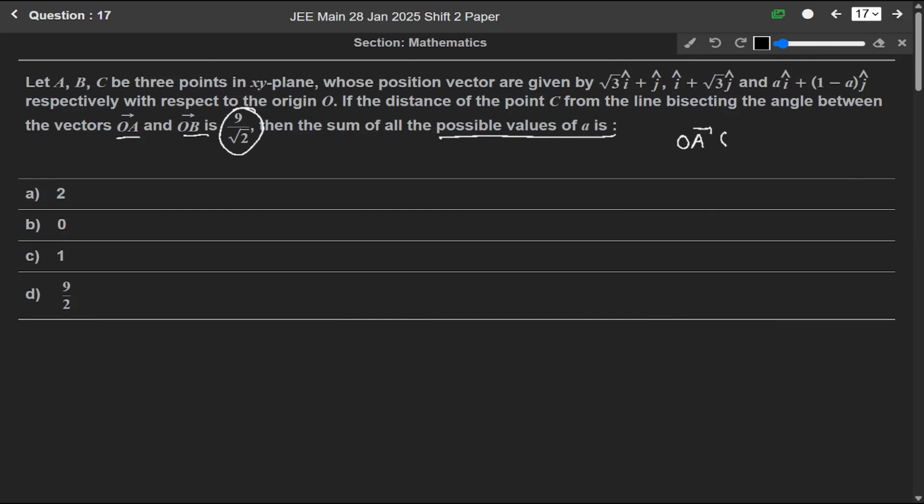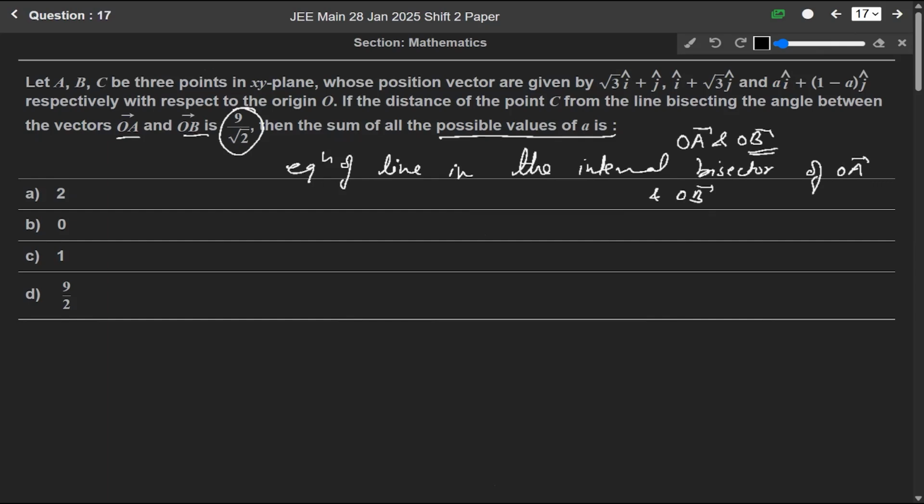OA and OB. So the equation of the line, the internal bisector of OA and OB, will be, internal bisector, so it will be (root 3 plus 1) i cap plus (root 3 plus 1) j cap.